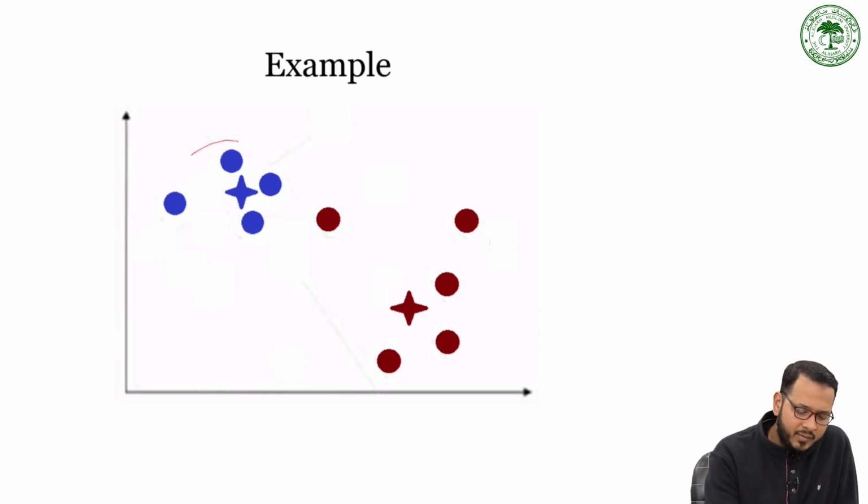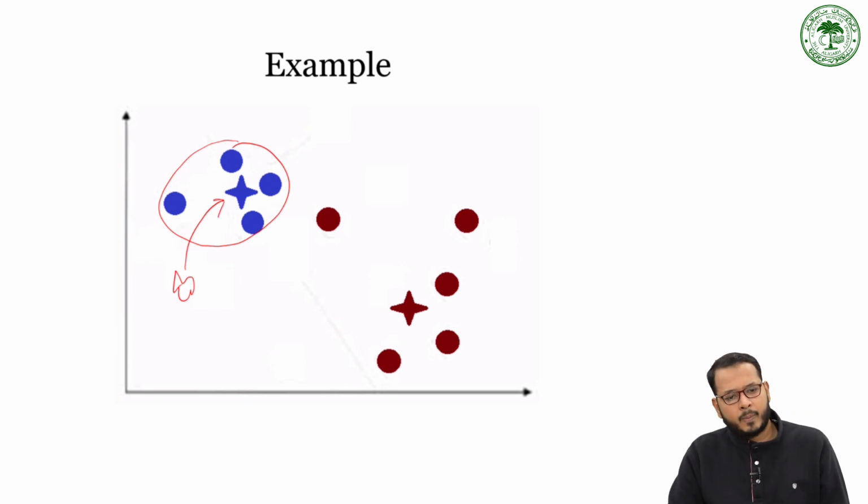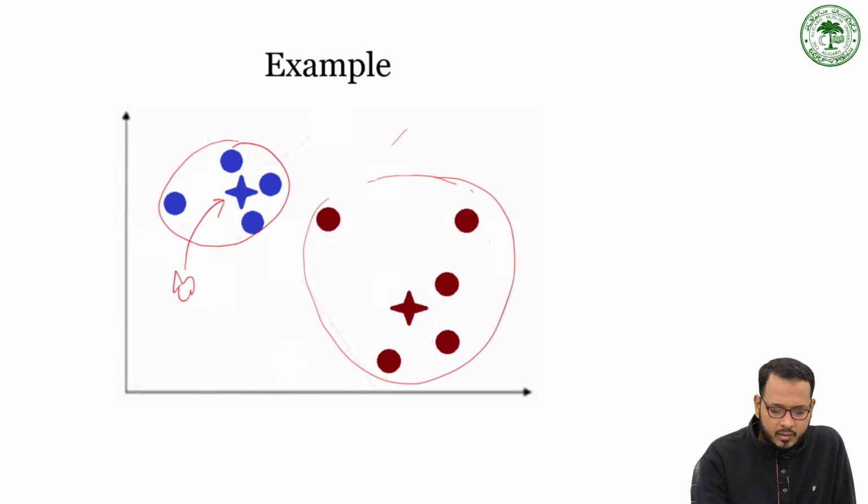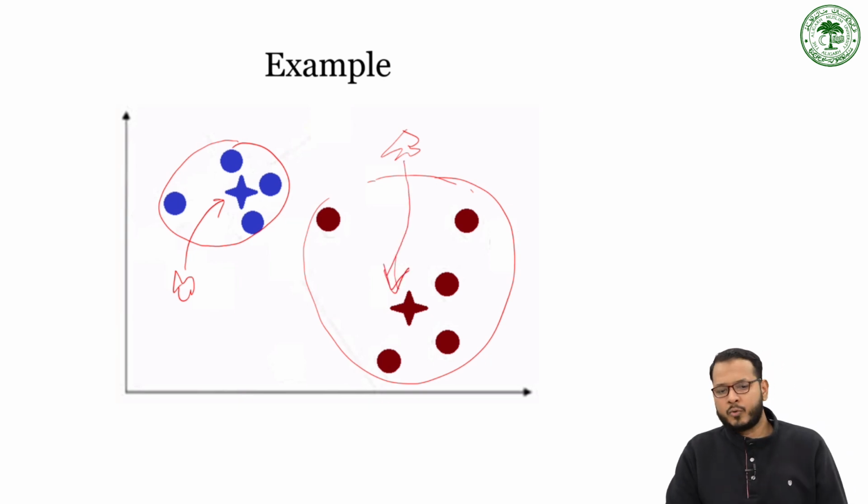So when we take the average of the blue points, the centroid shifts from this position to this position, and as we take the average of all these points, the brown centroid shifts from this position to this new position. Now since the centroids have shifted, the alignment of the points may also shift.